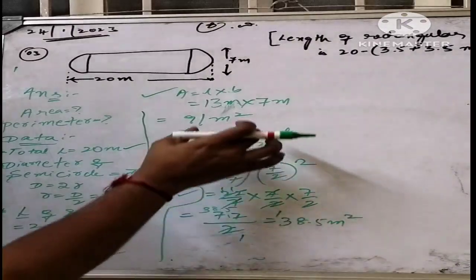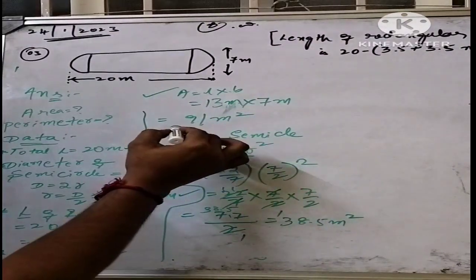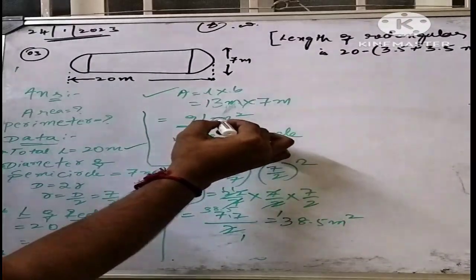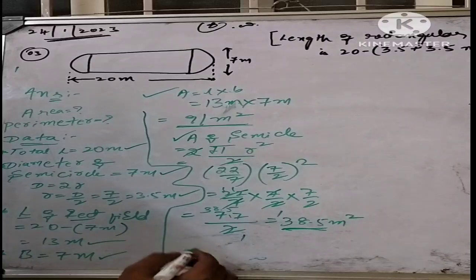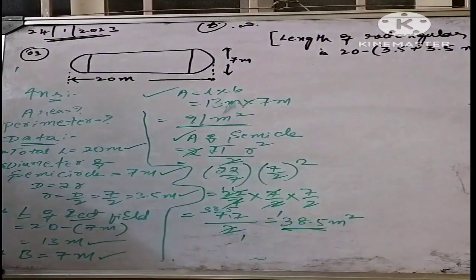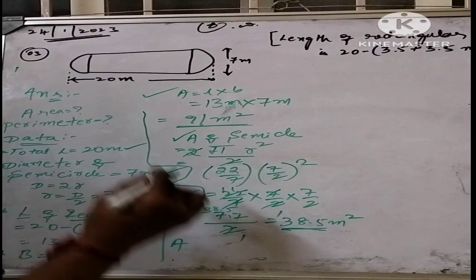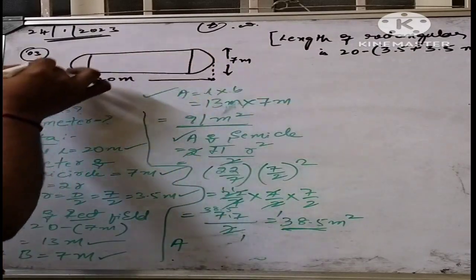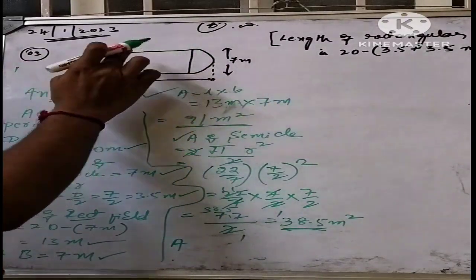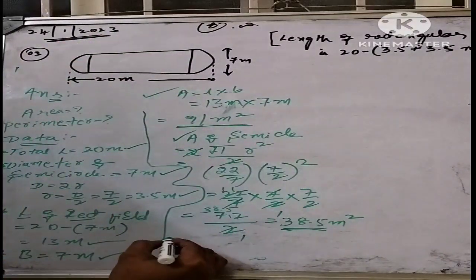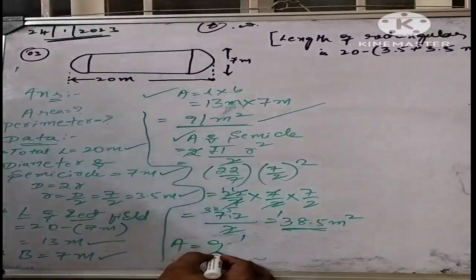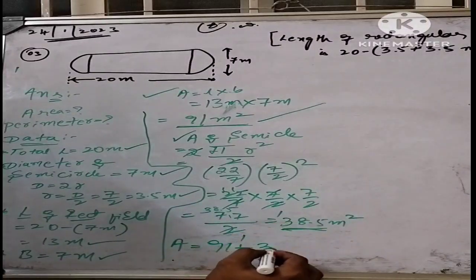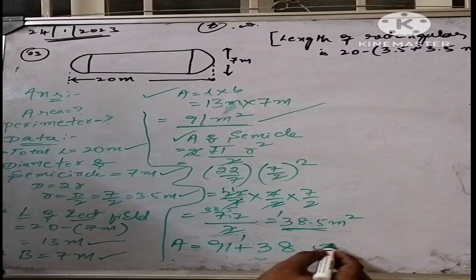This one is the area of the rectangular field and the area of the semicircle. Let's add them. Let's find out the area of the garden. Garden means this complete two semicircles and one rectangular field. Total area is 91 meter square plus 38.5 meter square.